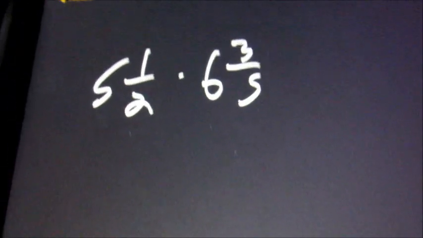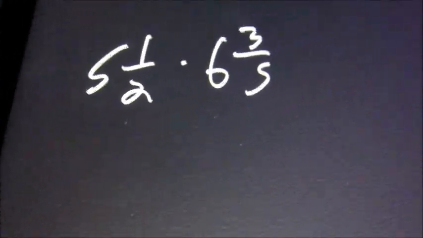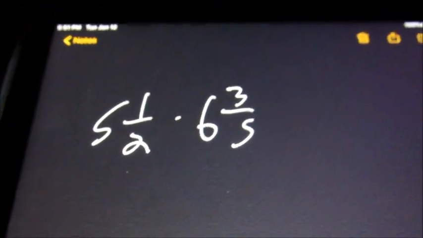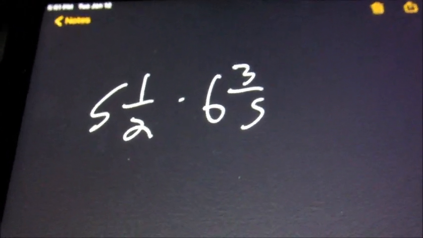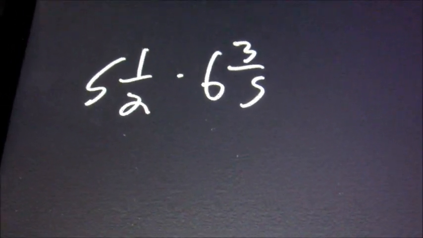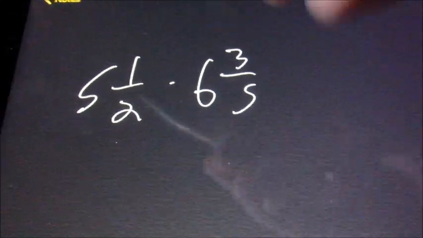Next, we're going to actually multiply mixed numbers. So say we have 5 1/2 times 6 3/5. What we're going to do is first turn them into improper fractions and then multiply just like we did in the previous section.